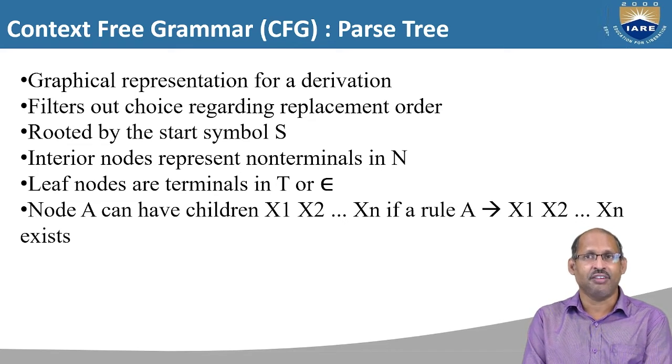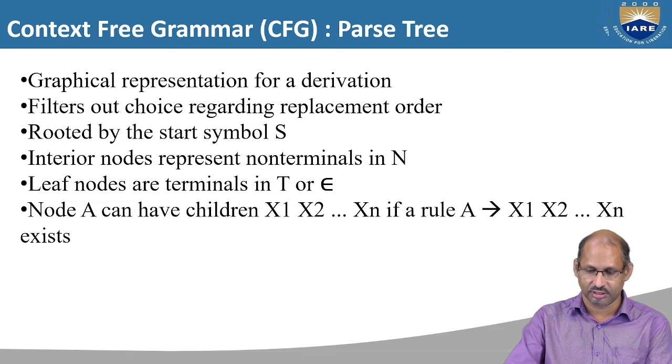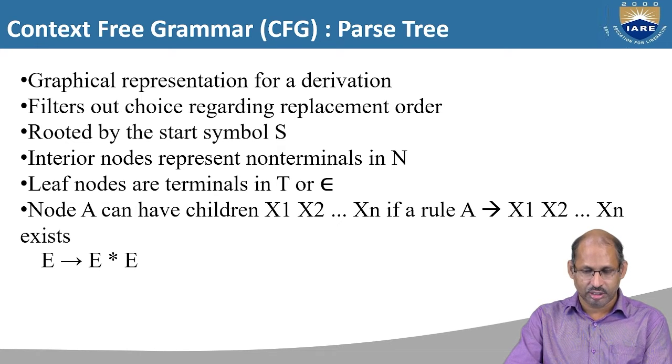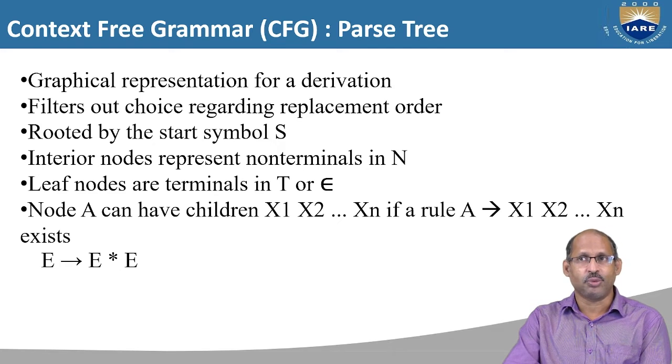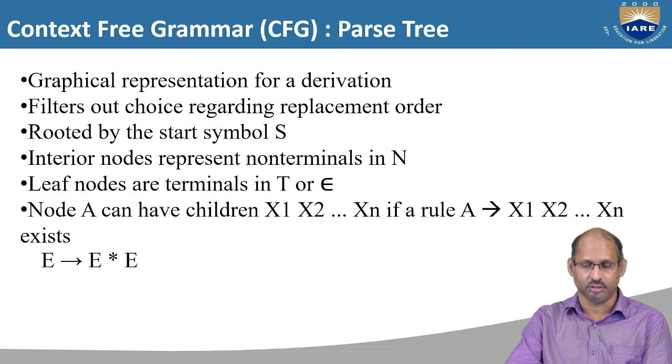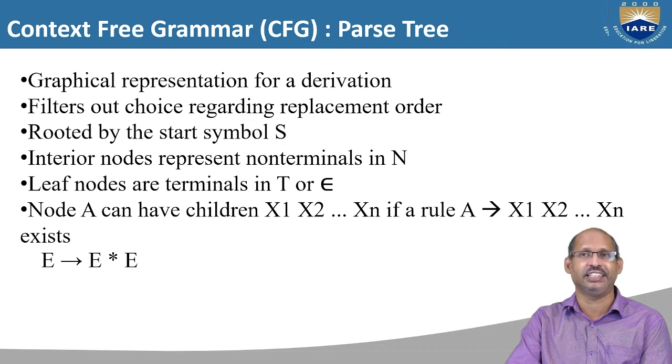Node A can have children x1 to xn if there is a rule A gives x1 to xn.